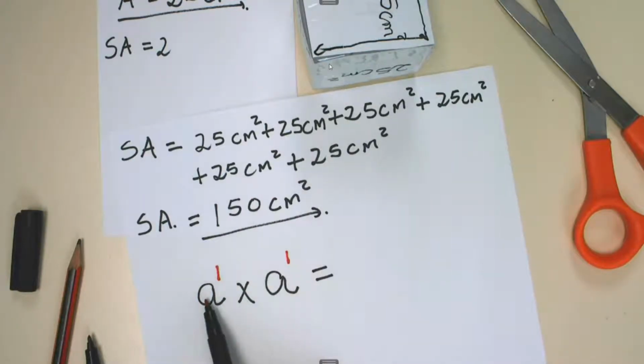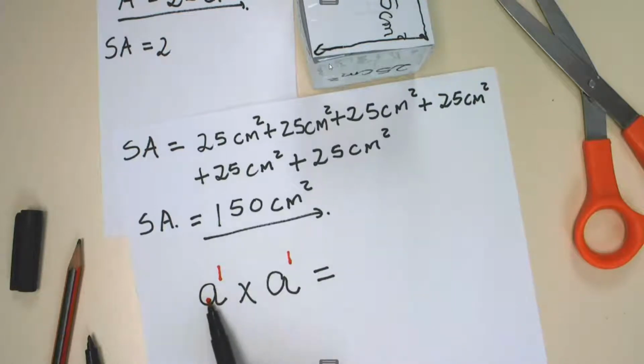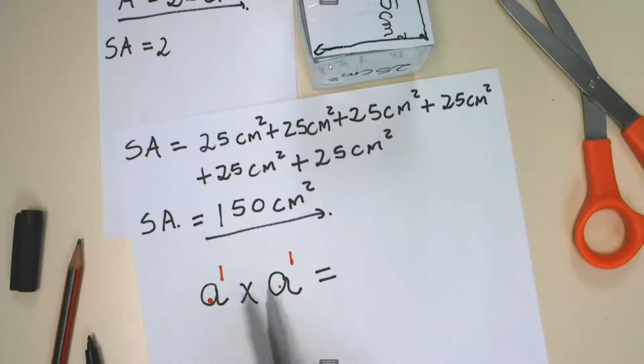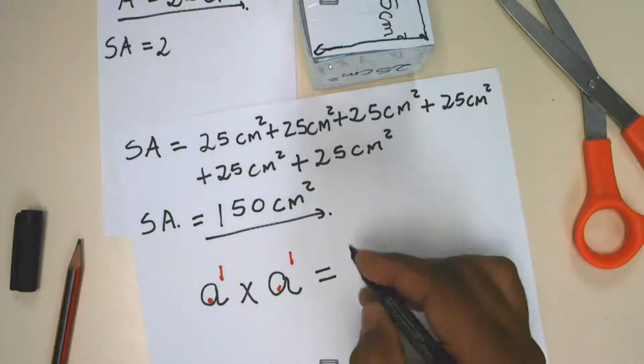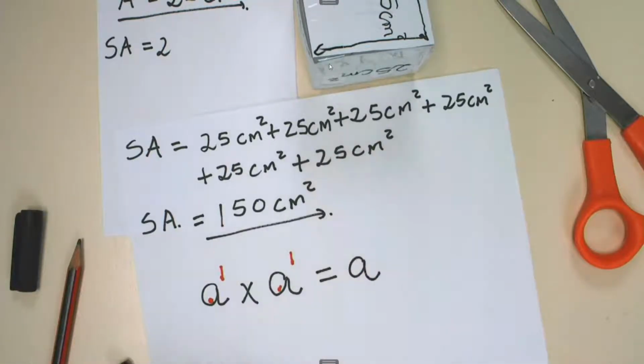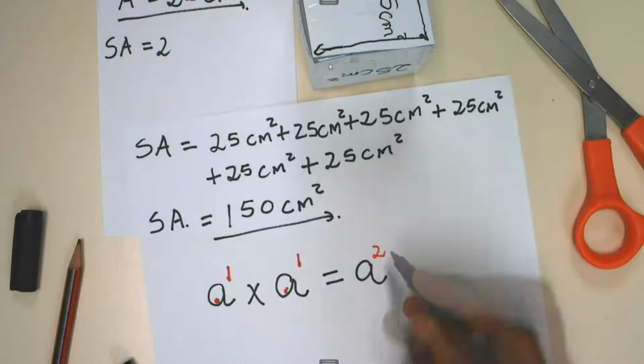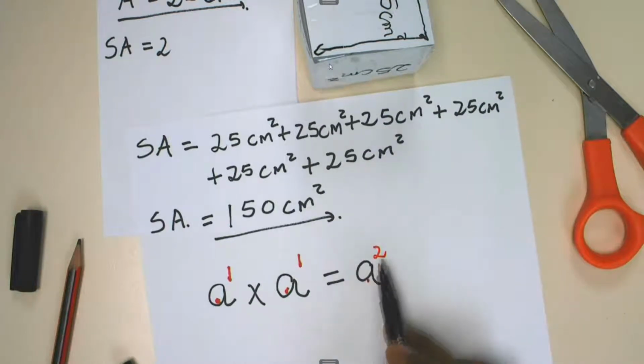And what is this A? It's a base, and 1 is an exponent or a power. Because now the bases are the same, we will add the exponents, and then A multiplying A will be A to the power of 2, or A squared.